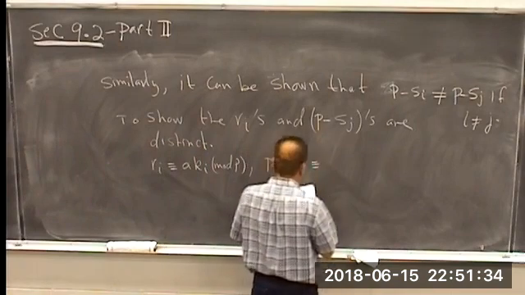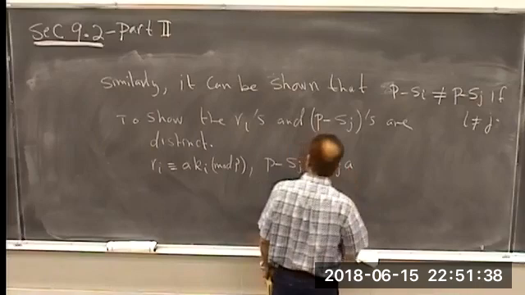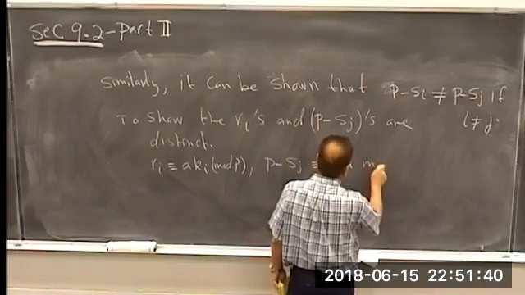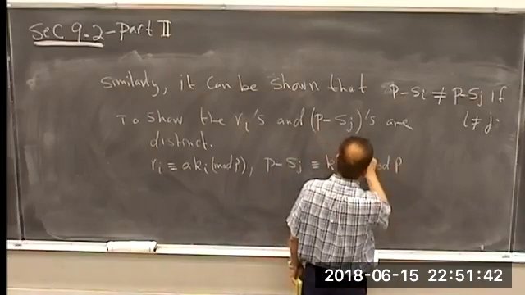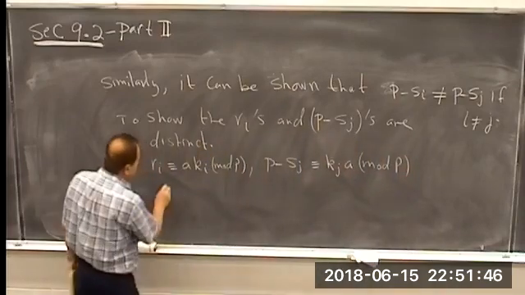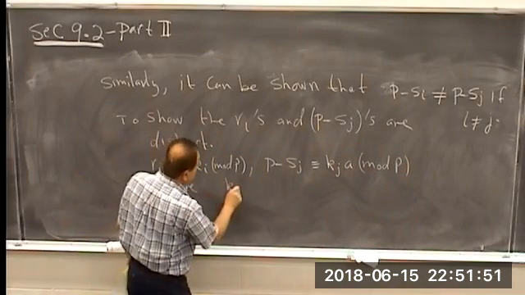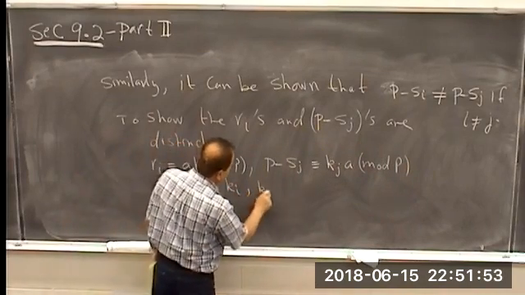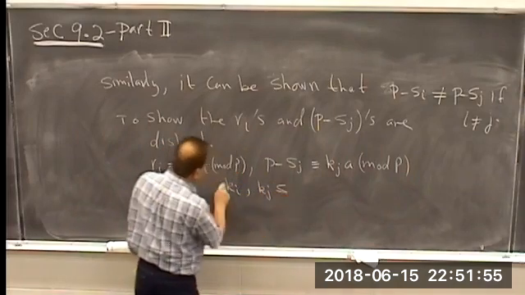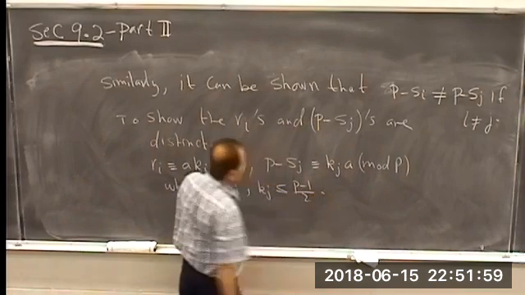It's going to be k sub j times a mod p, where the k sub i and the k sub j again are between 1 and (p minus 1) over 2.